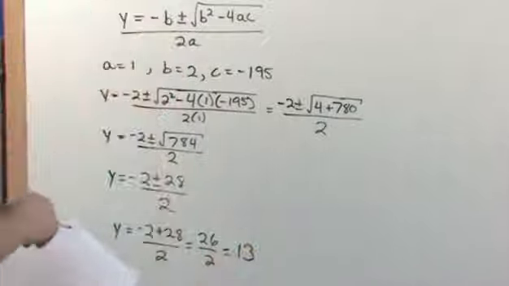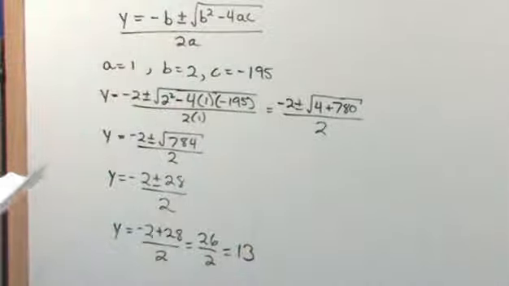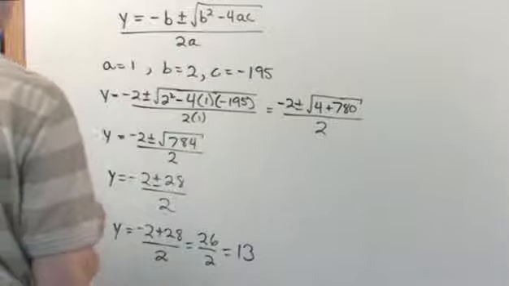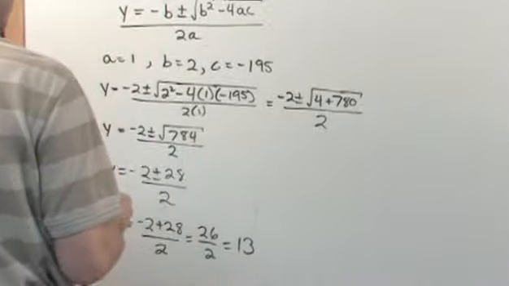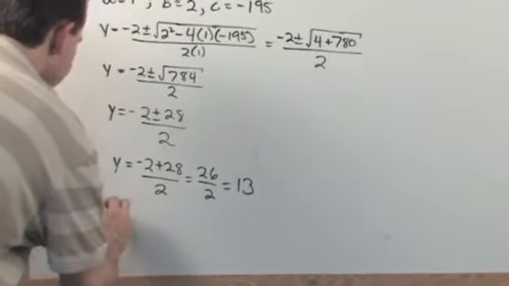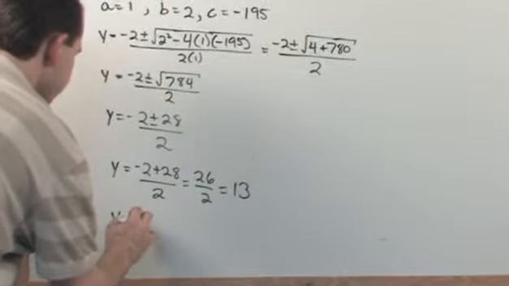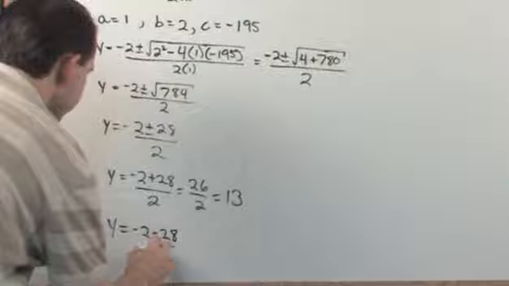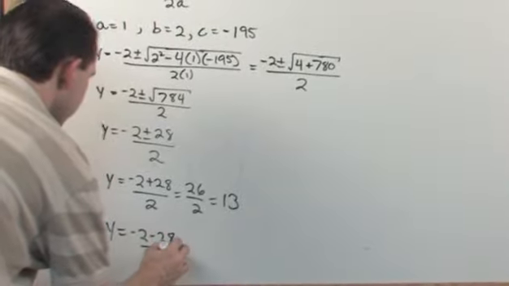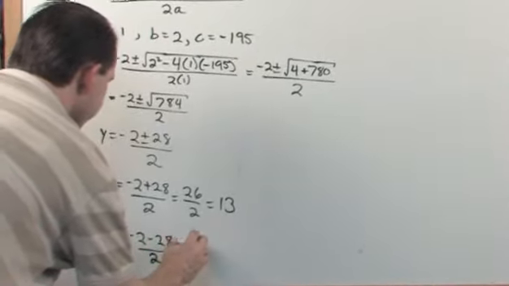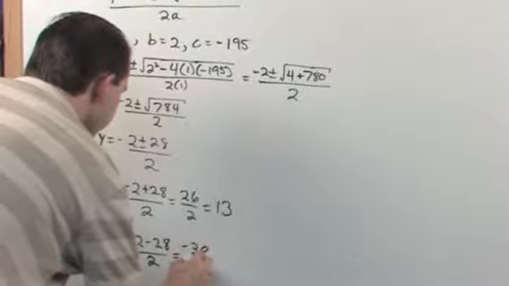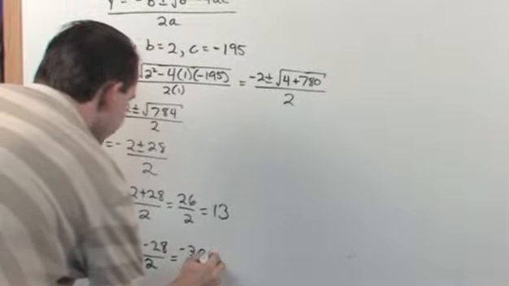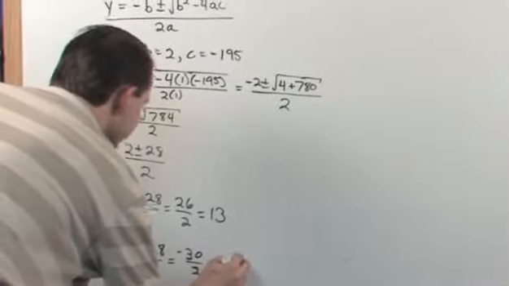This is one value of y. And the other value of y is going to be equal to negative 2 minus 28 over 2, and that's going to equal negative 30 over 2, which is going to be equal to negative 15.